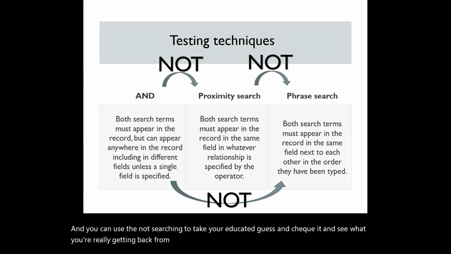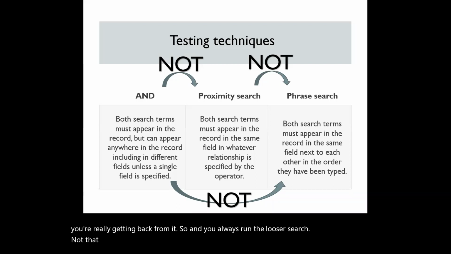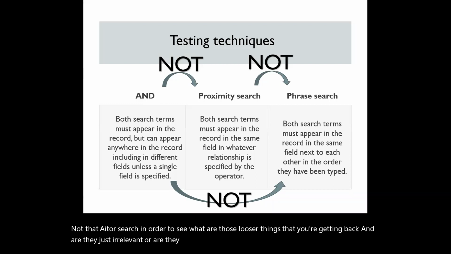And you always run the looser search, not the tighter search, in order to see what are those looser things that you're getting back, and are they just irrelevant or are they actually relevant? And with proximity searching, it can be really useful to try a number of searches with different numbers.